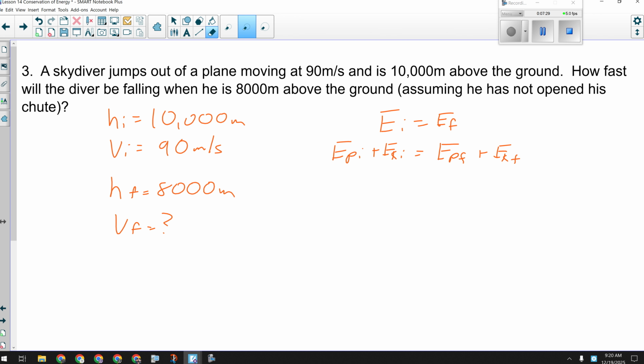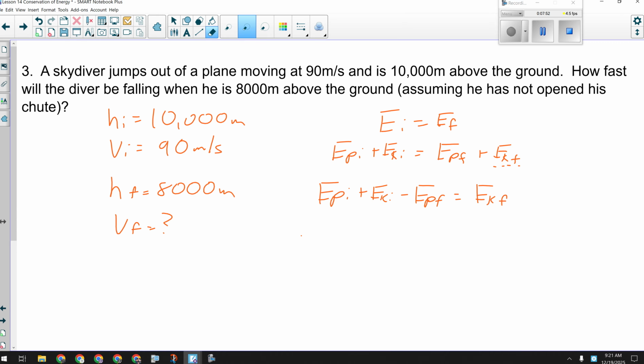So on that note, we're solving for VF, which is part of the final kinetic energy, so we need to subtract the final potential over to this side. So we'll have initial potential plus initial kinetic minus final potential equals final kinetic, and now we can plug in our formulas.